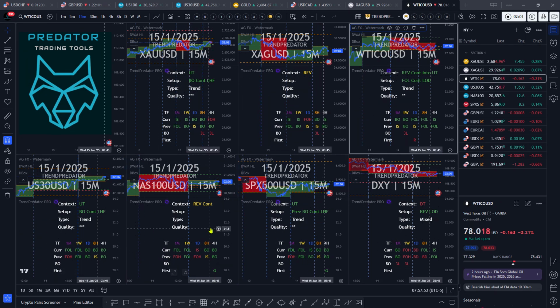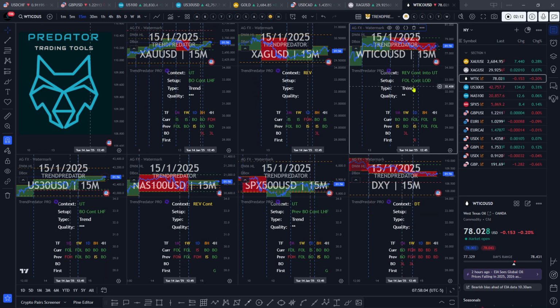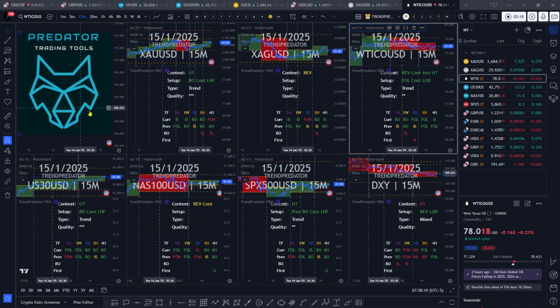So we've got the US 30, we have gold, WTI that's just trending, the S&P which is trending. And when I say conflicting, what I mean is the daily and weekly charts aligned, either bullish or bearish.